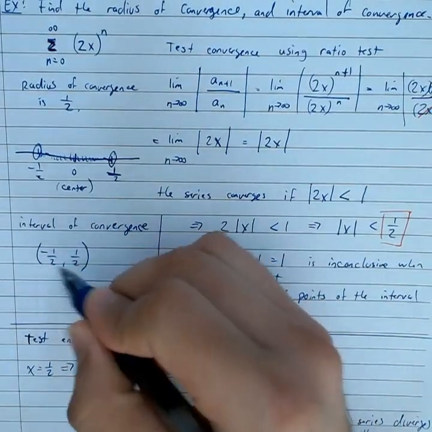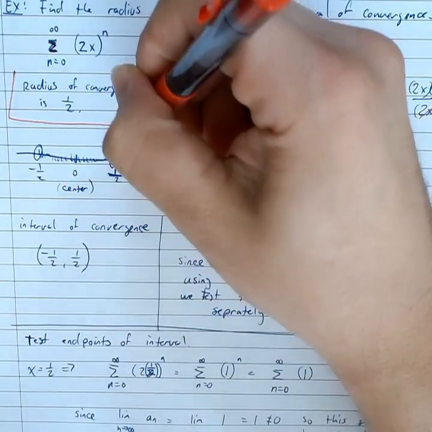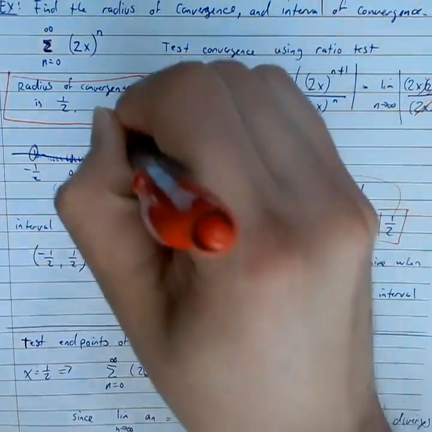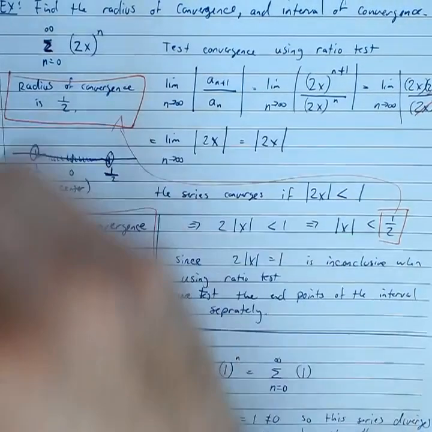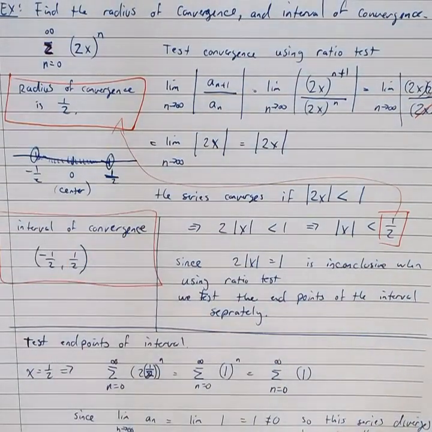Here, it was possible that maybe our series converged at the endpoints, maybe one, maybe both, but in this case, it doesn't converge for either. So this gives us our result. We have a radius of convergence of 1/2, which we found from over here. And then our interval of convergence from your center outwards, 1/2 unit. And there we go.